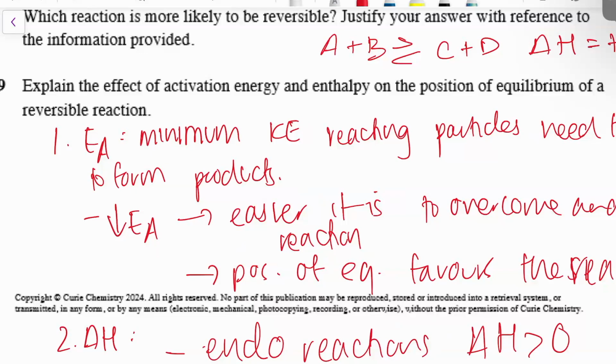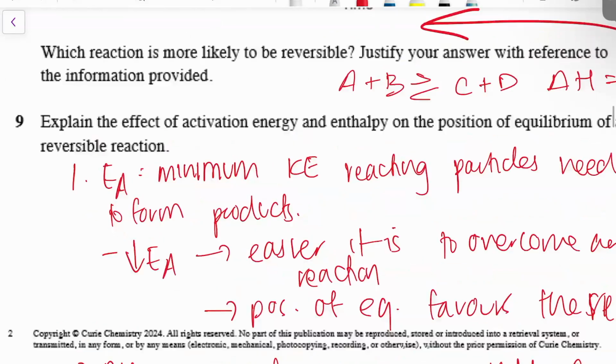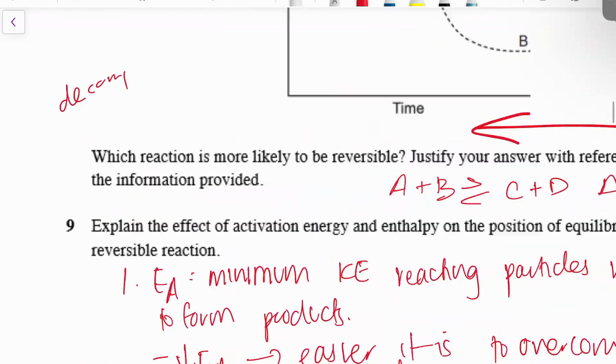We say generally that if it's a decomposition reaction, it tends to be endo, and if it's a synthesis reaction, it tends to be exo. Because decomposition is when you're breaking stuff up, you need to absorb energy to do that. So that tends to be endo, and synthesis is the opposite.